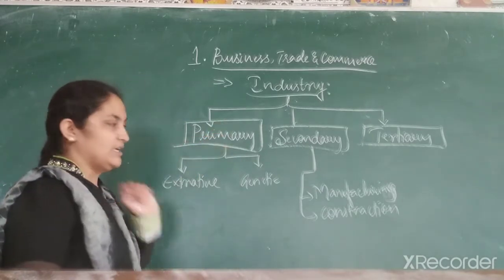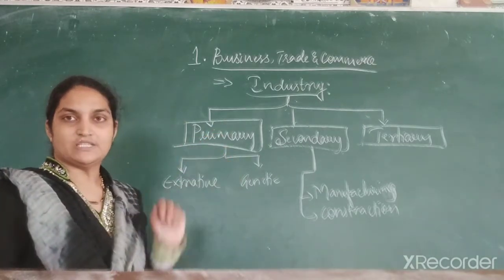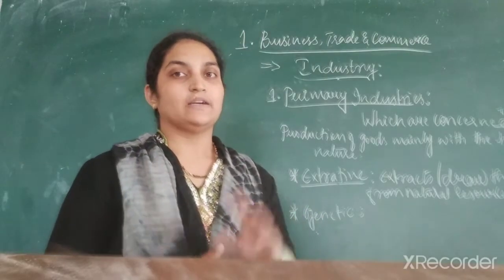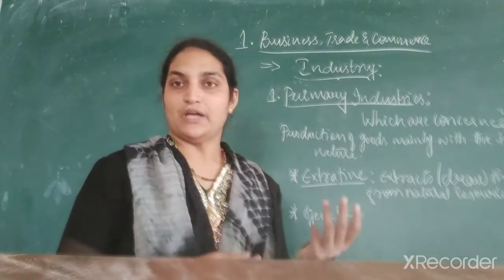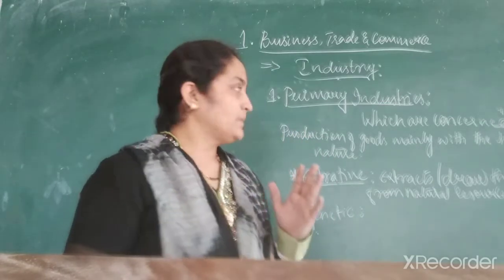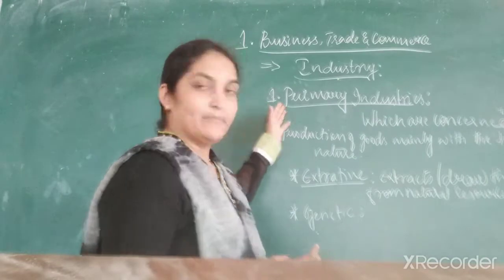Primary industries. What is primary industries? Industries have been broadly categorized into three ways that I have discussed: primary, secondary, and tertiary. In that, particularly we are discussing the primary industries.